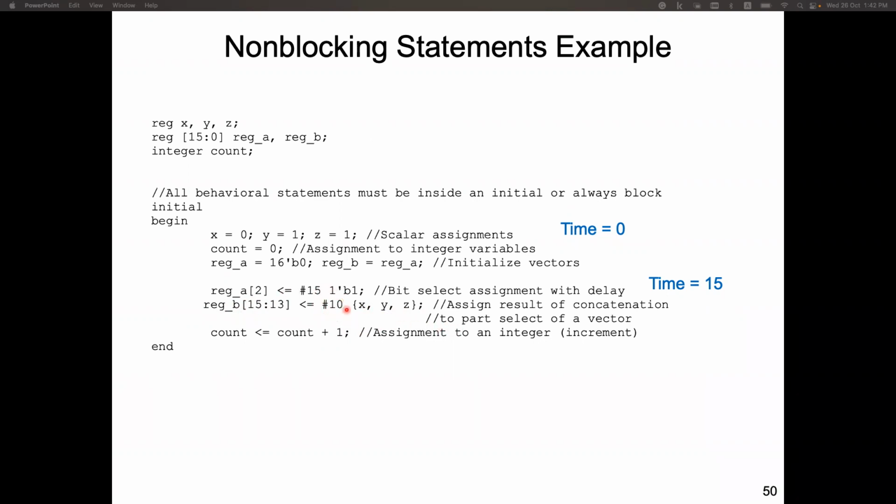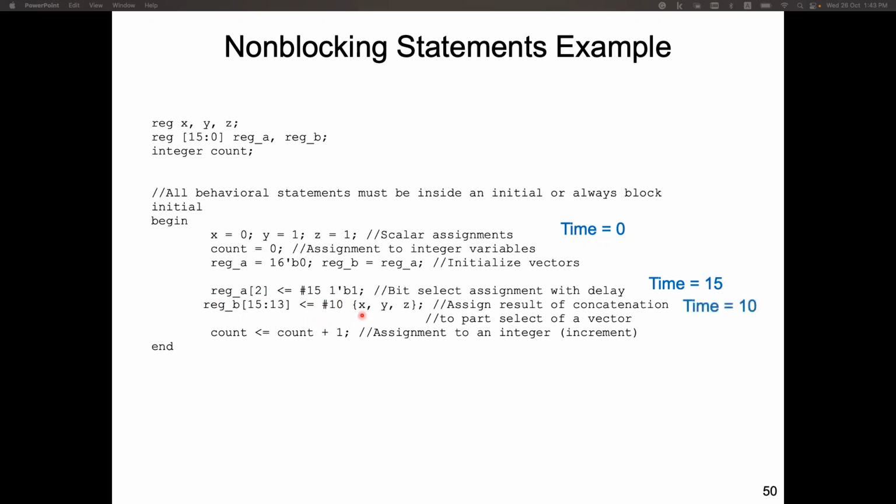This is executed at a delay of 10 units, because this statement's execution is not blocked by its previous statement. It does not need to wait for the execution of its previous line. This means that this 10 unit delay refers to the start of the simulation.